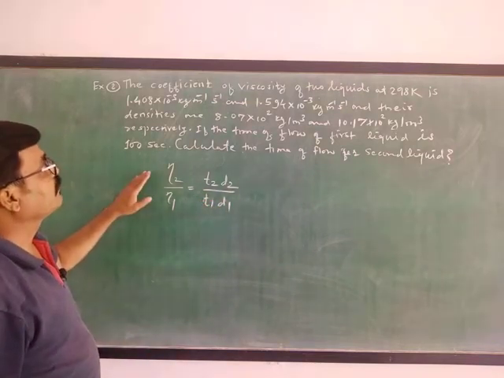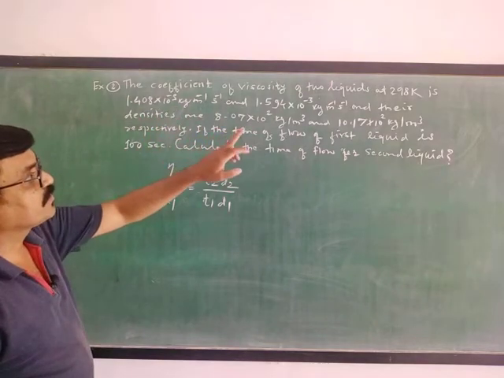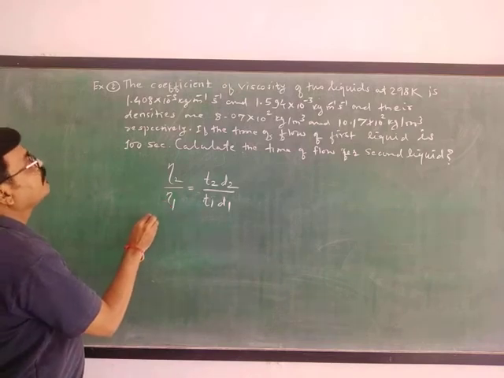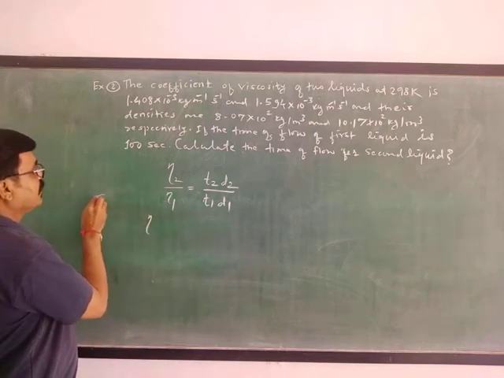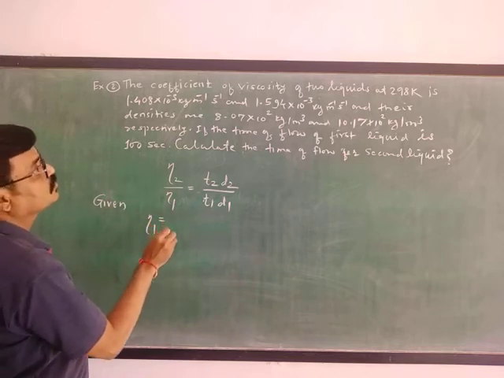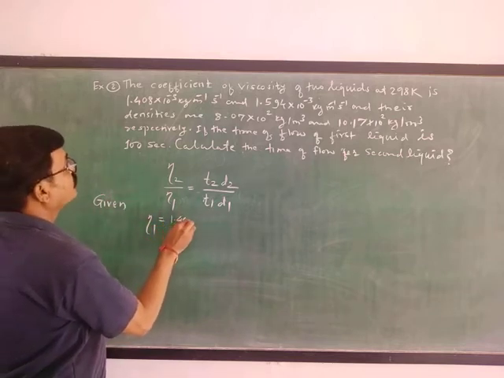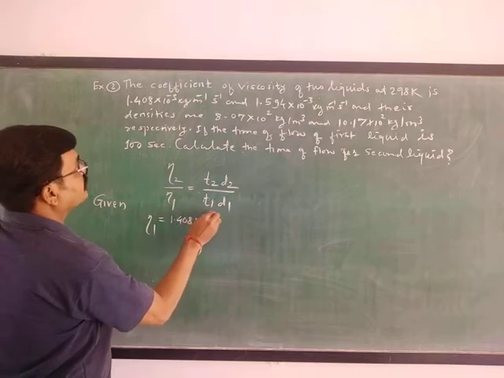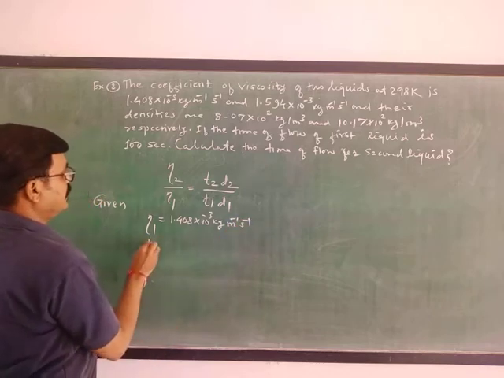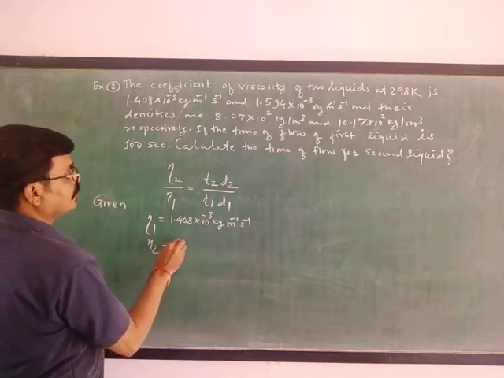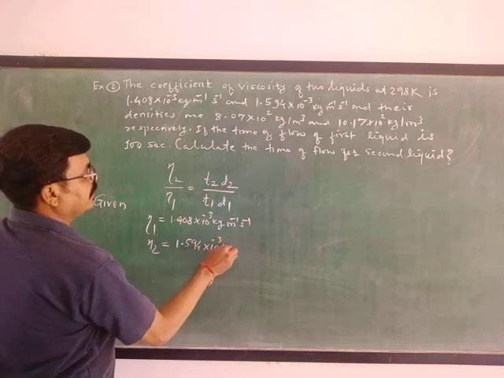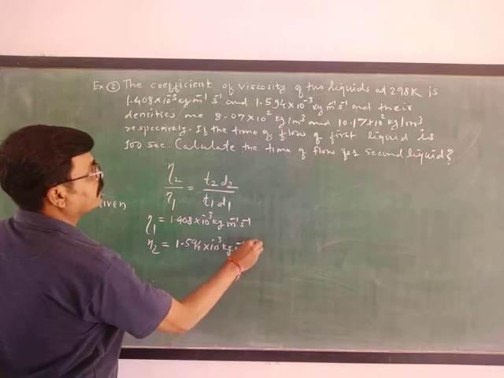From the given data, the coefficient of viscosity for the first liquid, eta 1, is 1.408 into 10 raised to power minus 3 kg meter inverse second inverse, and eta 2 is 1.594 into 10 raised to power minus 3 kg meter inverse second inverse.